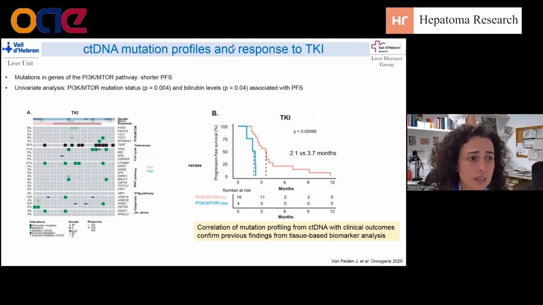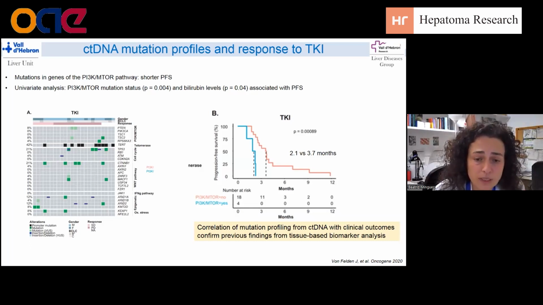The investigators examined the mutations of the genes of the PI3K mTOR pathway to elucidate whether the finding of these mutations in liquid biopsy was able to discriminate different clinical outcomes as it has been described previously on tissue biomarker analysis, and you can see here that they were able to discriminate populations with different progression-free survival.